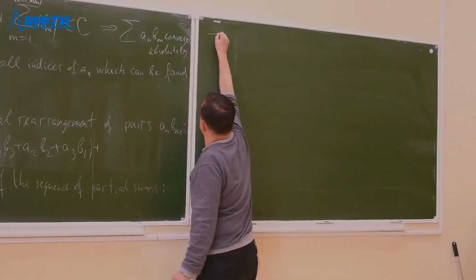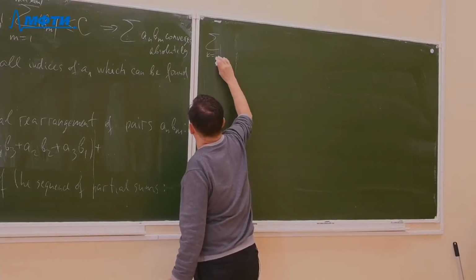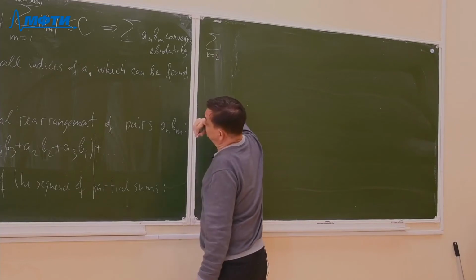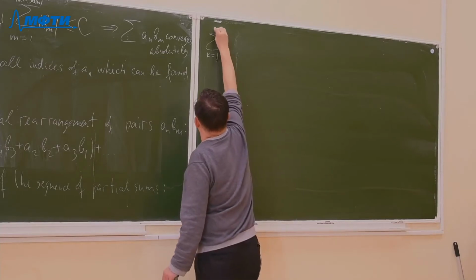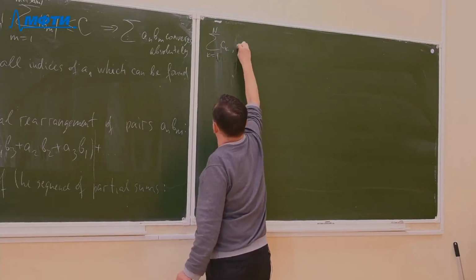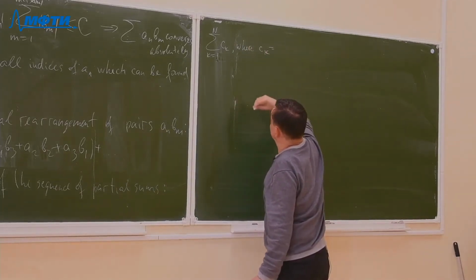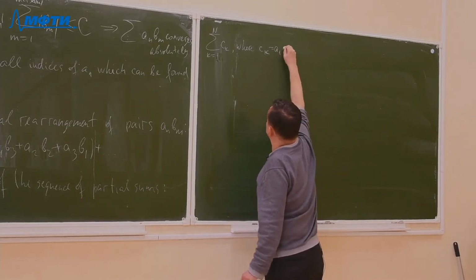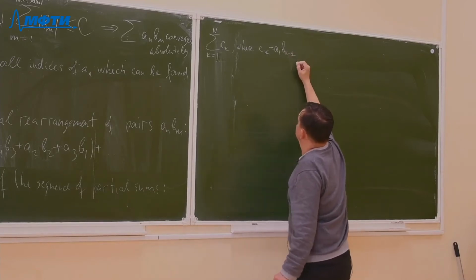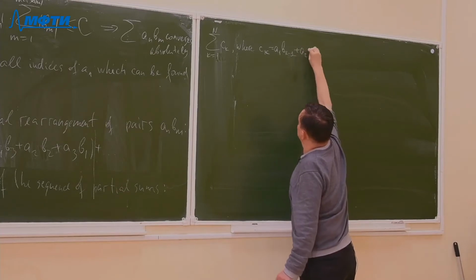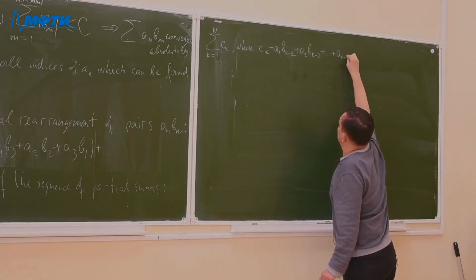That is the sum, k from 1, not from 1, from 2, okay, let's start from 1 up to capital N, Ck, where Ck equals A1 B(k-1) plus A2 B(k-2) plus so on plus A(k-1) B1.